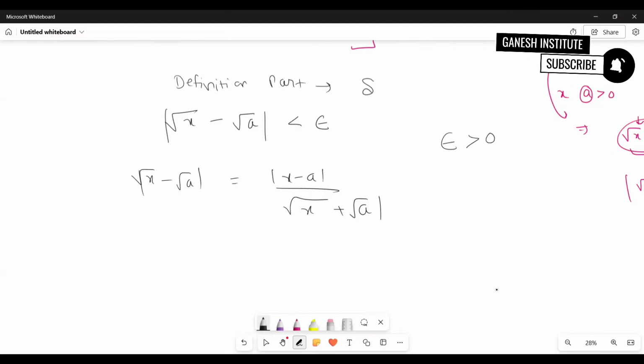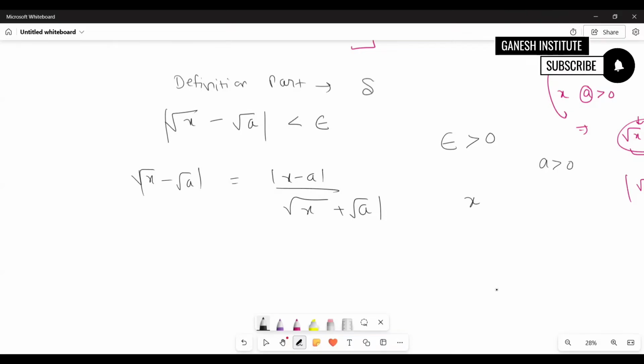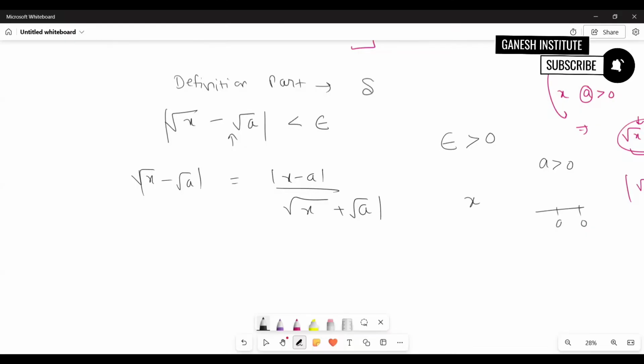Now you have to bound the denominator. You can assume anything. You have to assume x nearby a. As you know, a is greater than 0, and this is an absolute value. It is going to give you a positive value only. So x also has to be greater than 0. Can you consider x as 0 is here, a is here, x somewhat here.